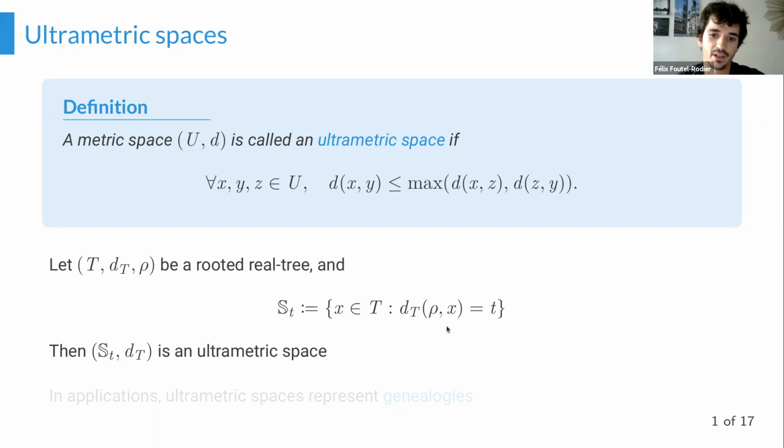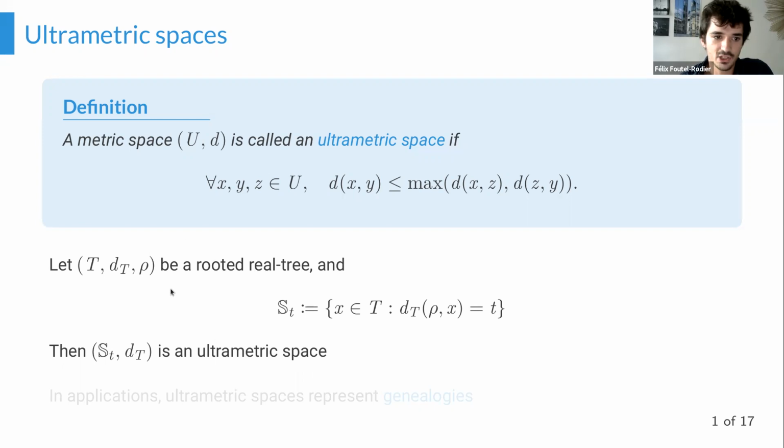So you look at the set of points lying at some fixed distance t from the root. Then using the well-known four-point condition on d_T, you can show that this space is an ultrametric space. And I was saying that this construction is typical because all ultrametric spaces can be obtained in this way, if you allow that the root might be somewhat at infinity.